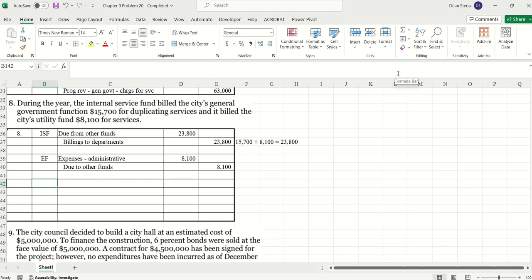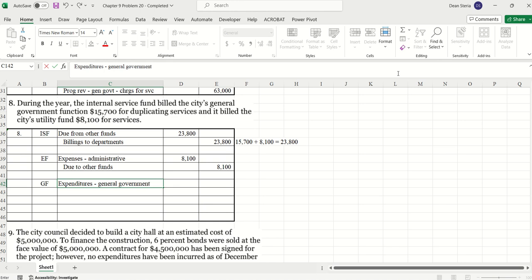Then we have the general fund we have to account for, which is going to be expenditures, general government, and then again this is going to be our payables due to other funds.